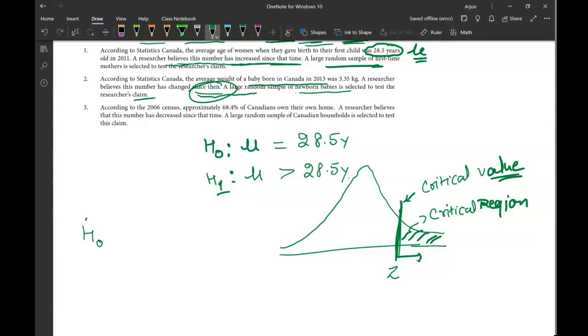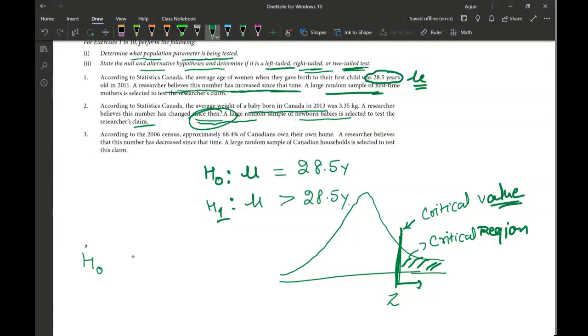The null hypothesis, again we are using the mean, is that the mean is equal to 3.35 kg. The alternate hypothesis H1 is that the mean is not equal to 3.35 kg.